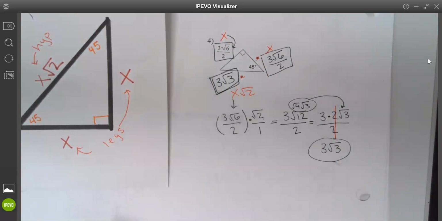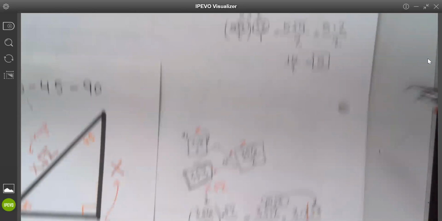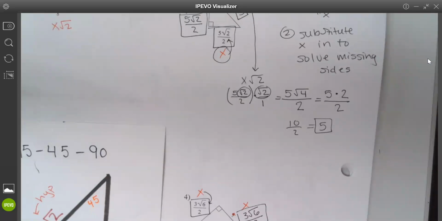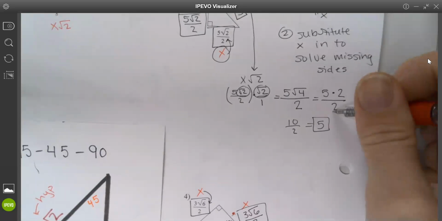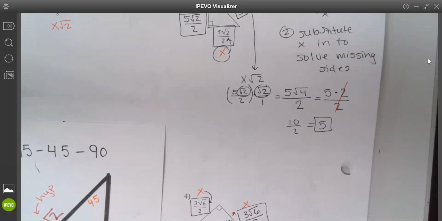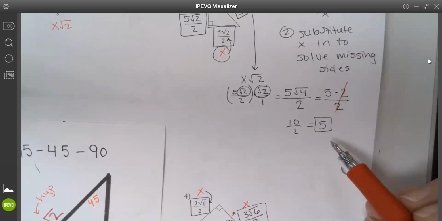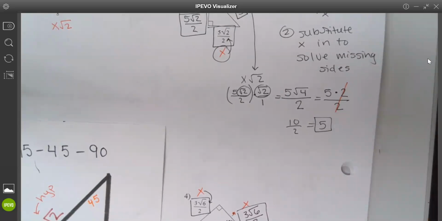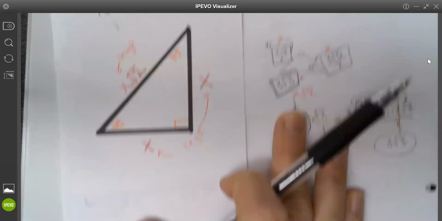Just find the two sides. I could have done this up above as well, just to kind of show you. I didn't, because I didn't want to throw too much at you in the very first example. Like here, I could have also canceled out those 2's. Anything that's in the numerator and the denominator would cancel, and it would have brought me right to 5, instead of going to 10 halves and then to 5. Okay, just a faster way to do the same work.